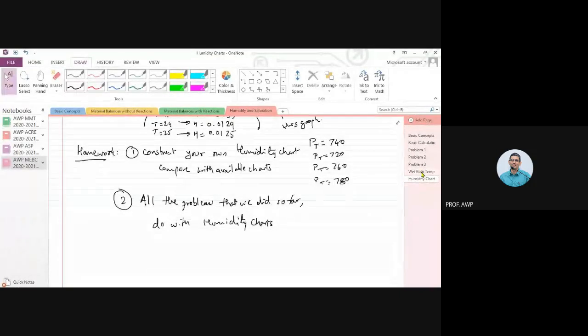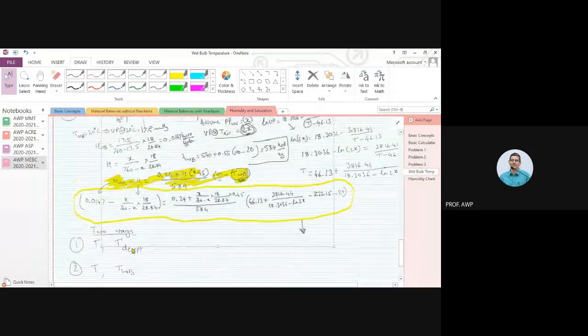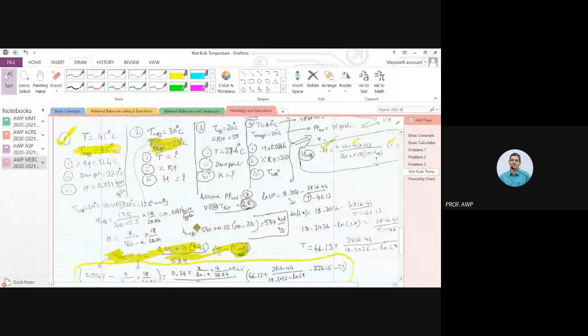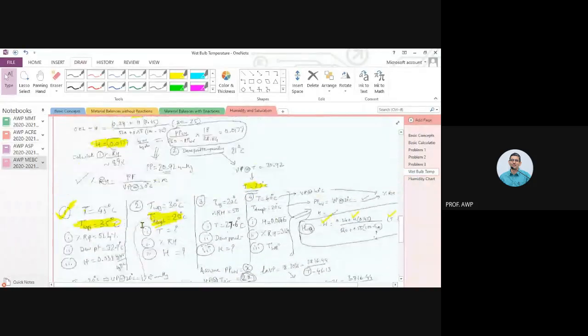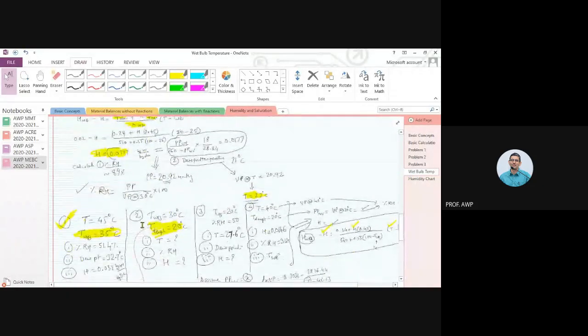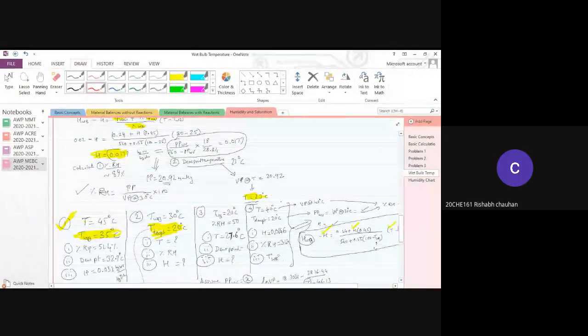Meaning these four problems that we did, do them with the humidity chart. Are you able to see these four problems that we did last time? Yes, sir. Do them with the humidity chart.